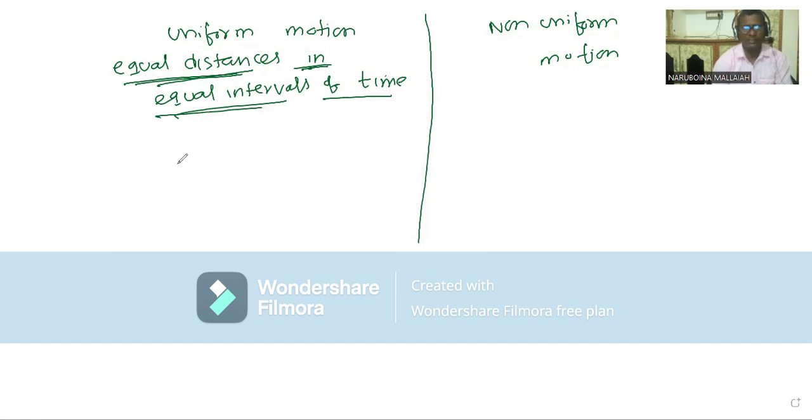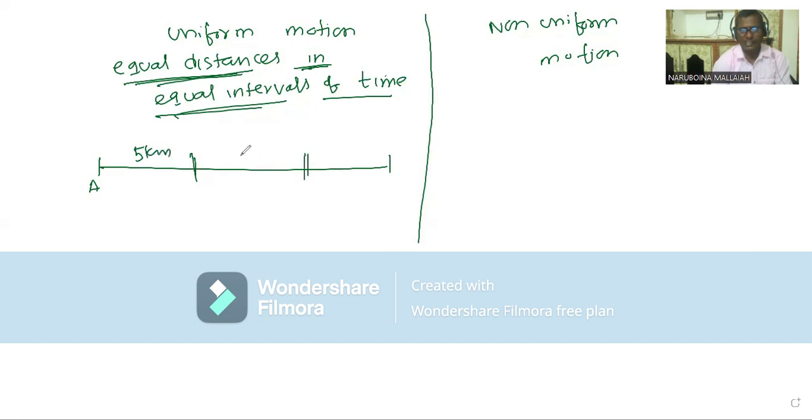One example I will tell you. Suppose a car starts its journey at point A. In the first 1 minute, it travels 5 kilometers.